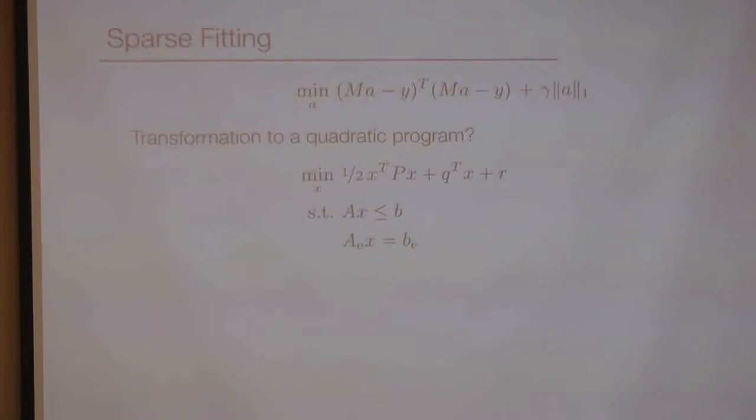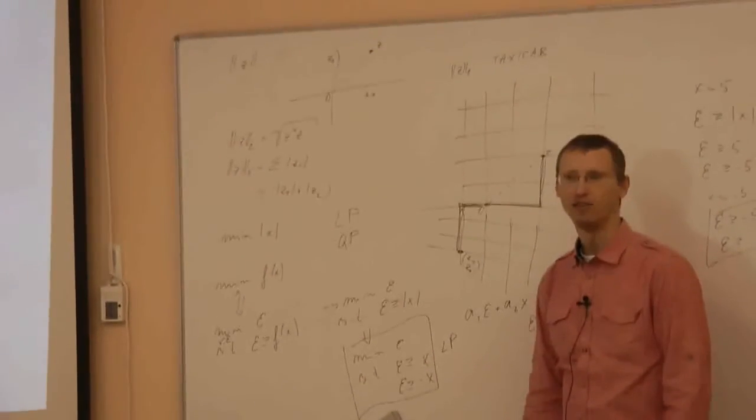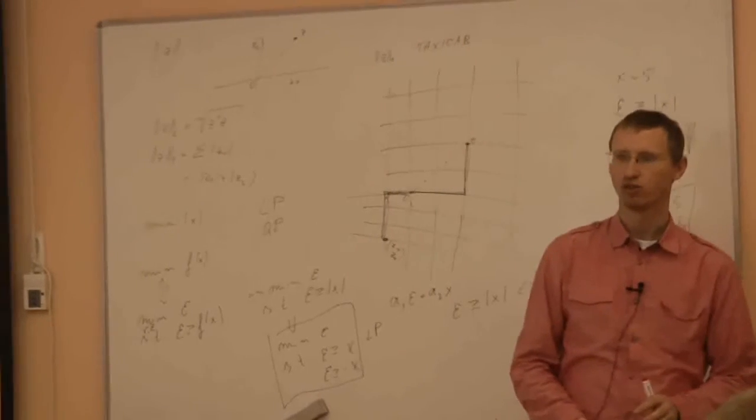By that, we still keep the quadratic objective function. Then we need to add these constraints to our optimization problem, and we keep the linearity of the constraints.